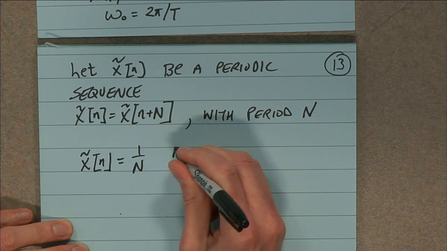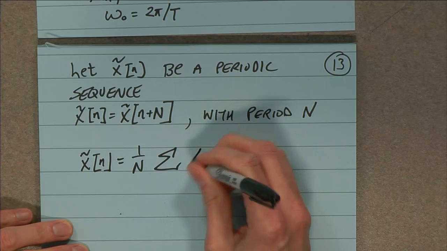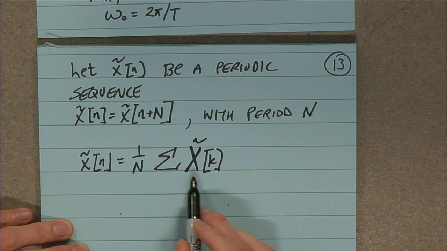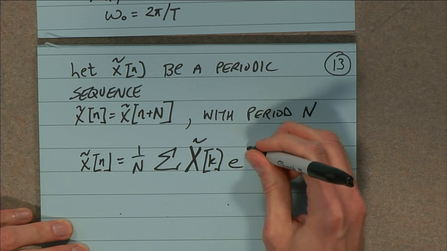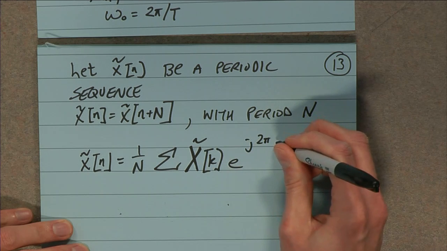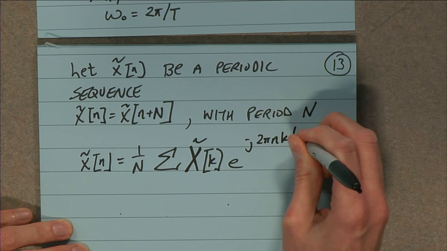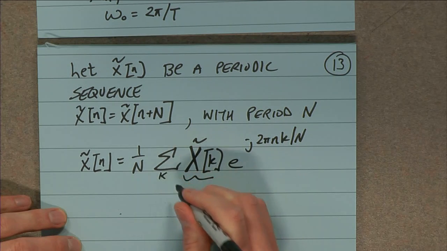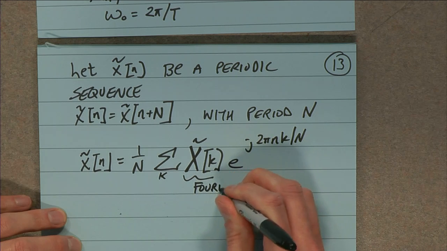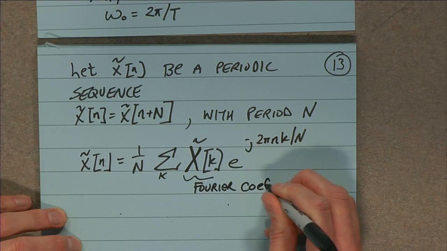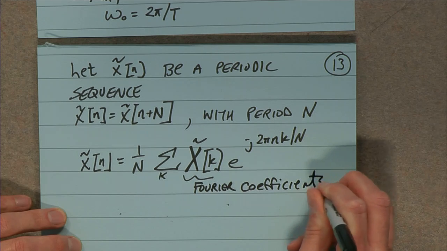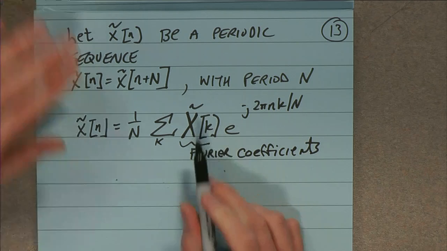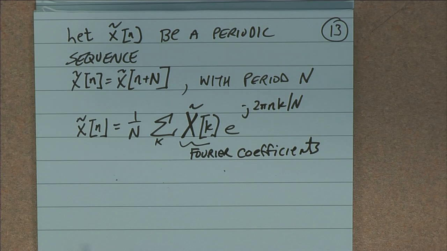We'll go ahead and sum them all up with a whole bunch of e to the j 2 pi nk over capital N, where these guys here are our Fourier coefficients. I've kind of tipped my hand here by putting a tilde on top of this, as if it's periodic.